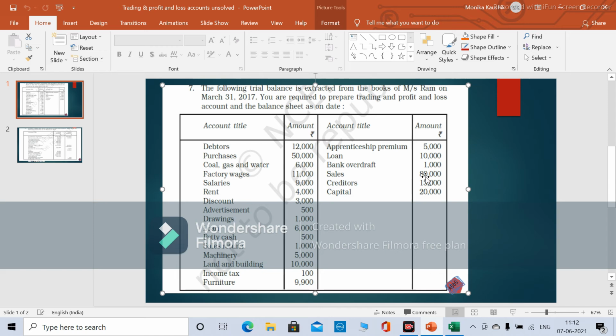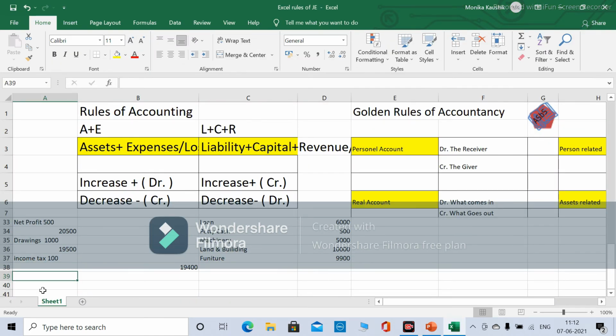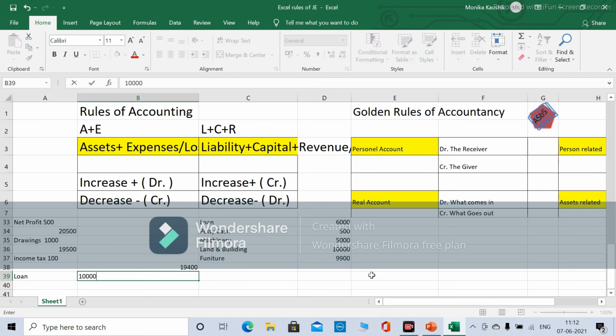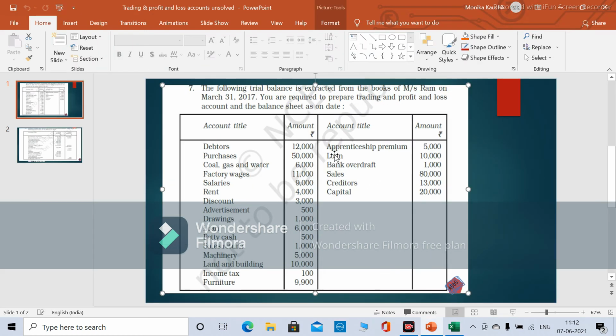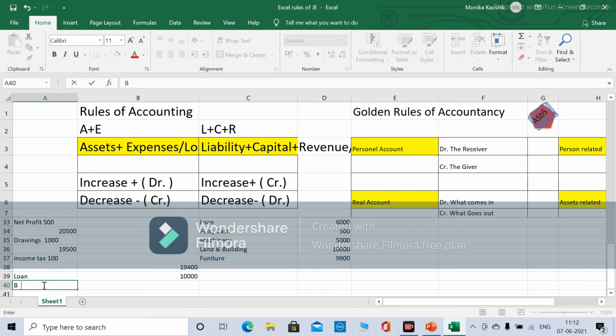Loan. Now this is given on the credit side. It means we have taken it and will have to pay it. So this is my liability, loan, 10,000 rupees. Bank overdraft. This is just opposite to cash. I have taken more cash than the balance I had in my bank account, so I will have to give it back to the bank.